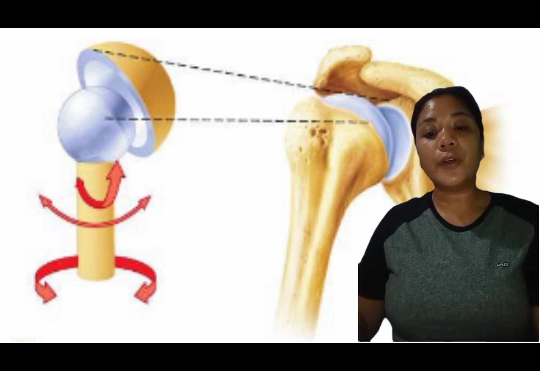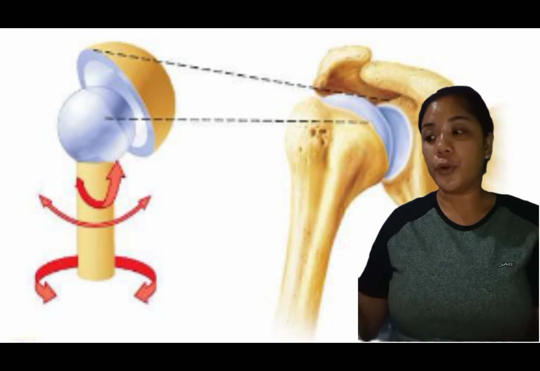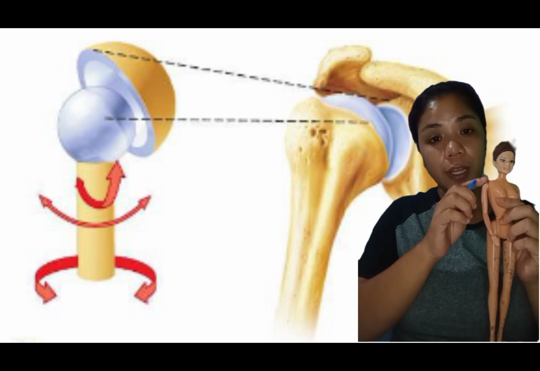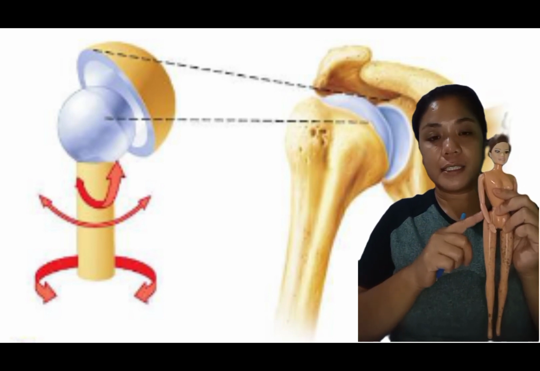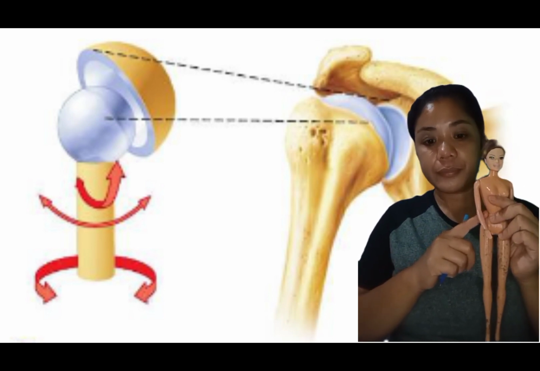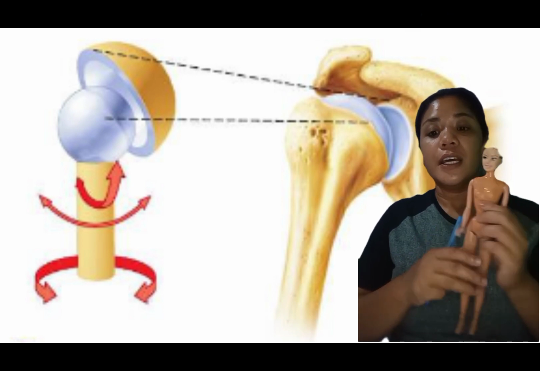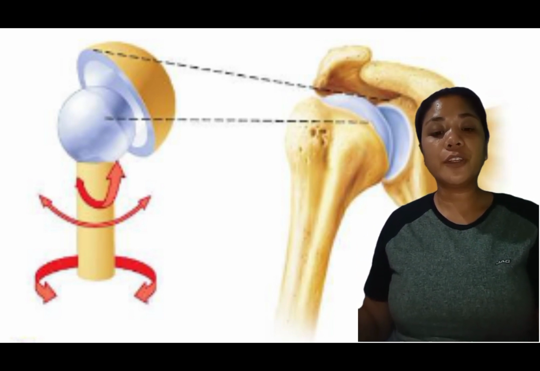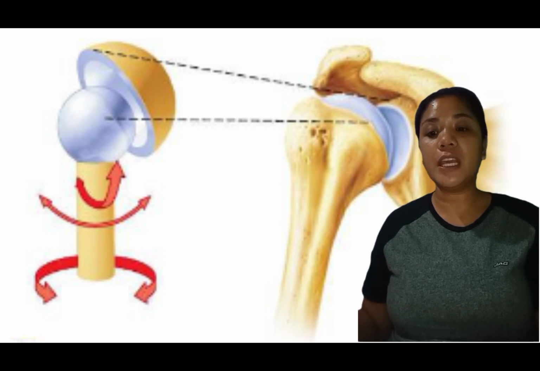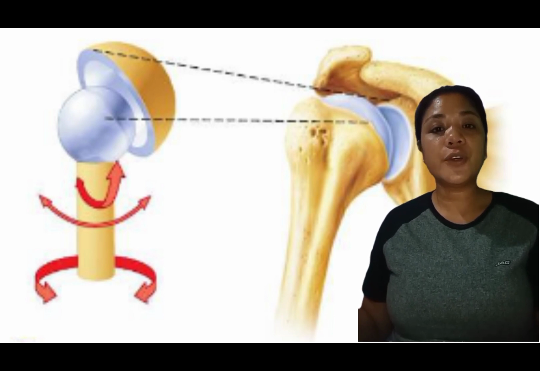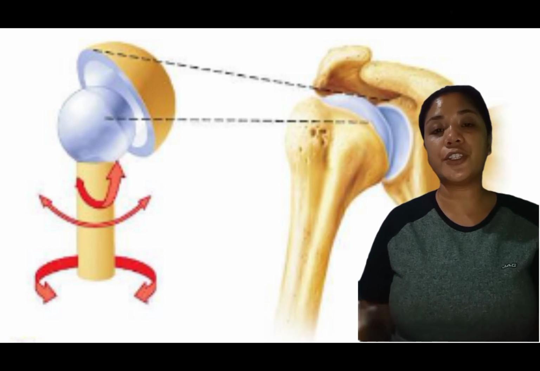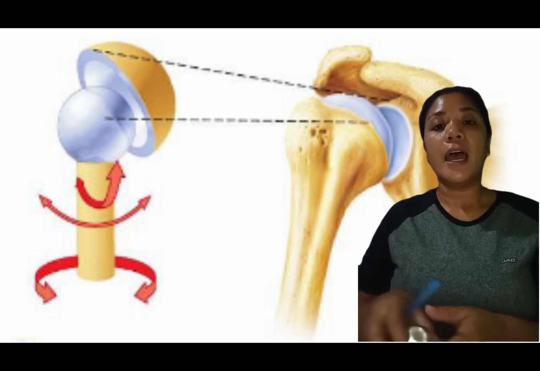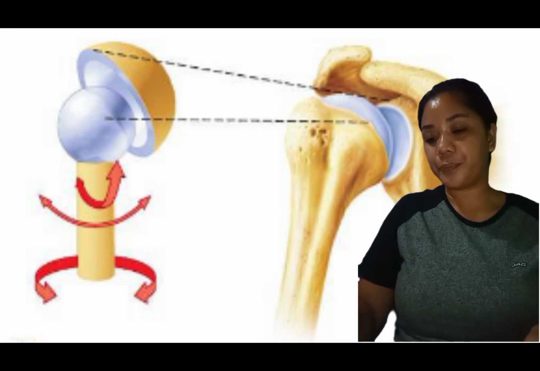We will find the ball and socket joints in our body at our shoulders and legs, because these are joints wherein the spherical head of one part connects to the spherical cavity of another. These joints allow for freedom of movement in all directions of arms and legs.